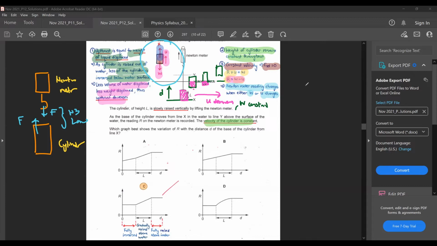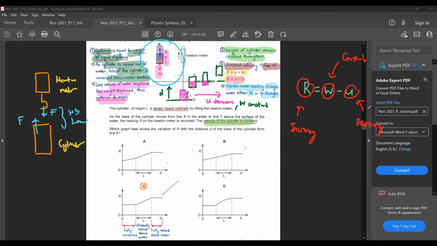If I know that R is W minus U, if W is constant, but U is decreasing, then R should be increasing. Because you see, W is minusing off a lesser value of U. Obviously, your R will increase, right?